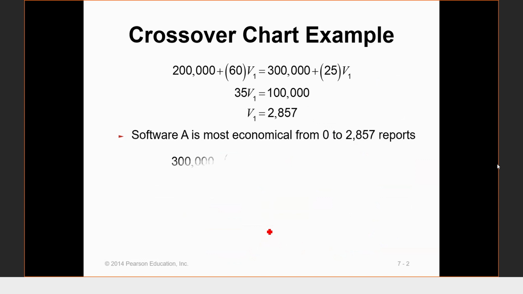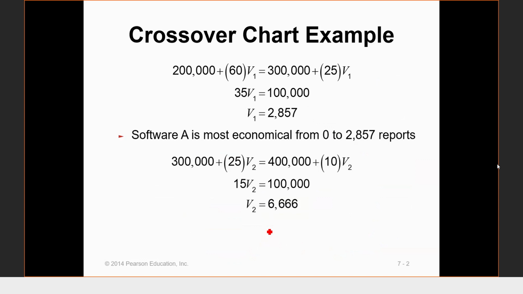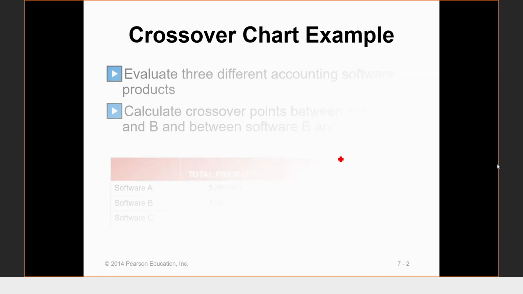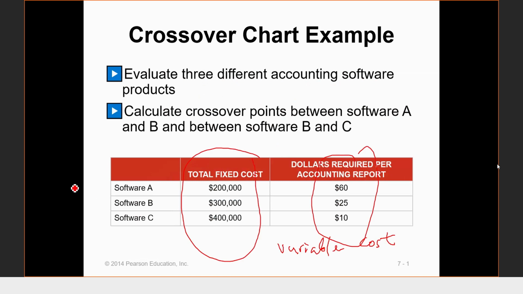So if we want to know what should be the break-even point, comparing, for example, in this case, software 1 and software 2, 200,000. We are comparing between this software and this software.